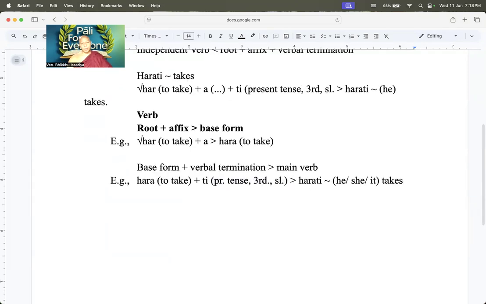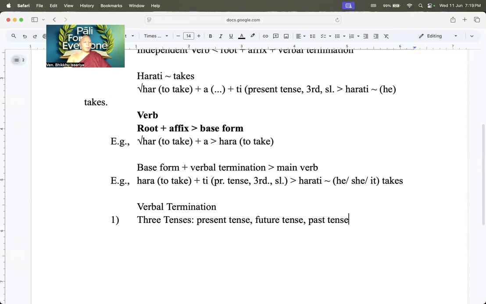In Pāḷi, verb terminations are for three tenses, like in English: present tense, and future tense, and then past tense. And also the three modes.